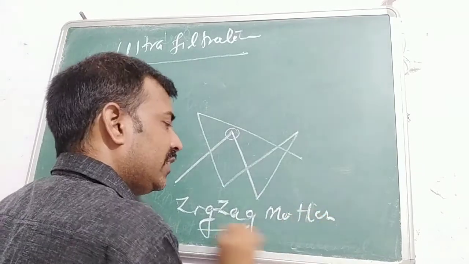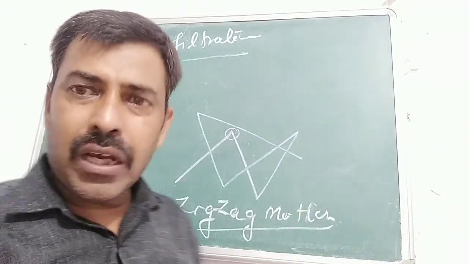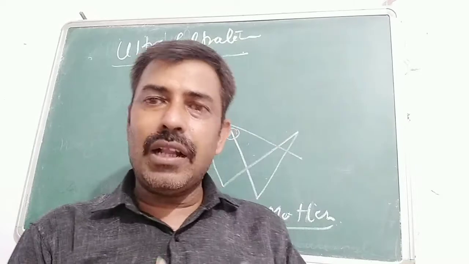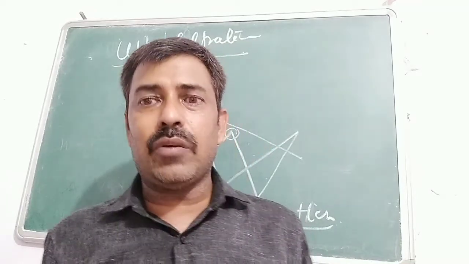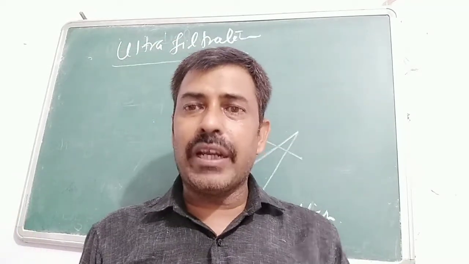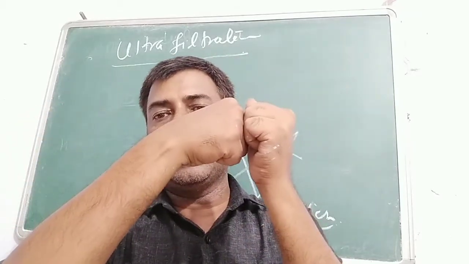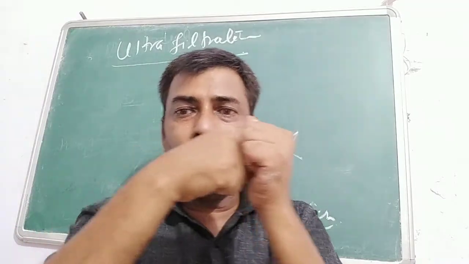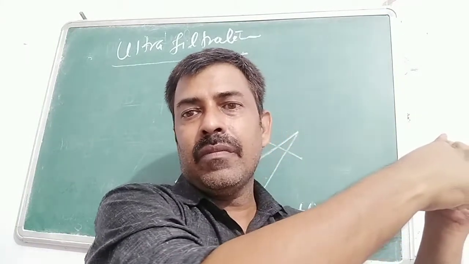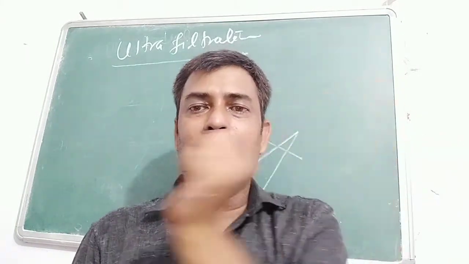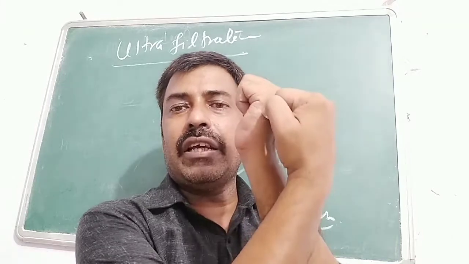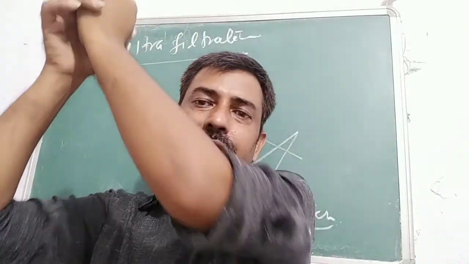Then why is this zigzag motion taking place? Actually, all these particles are moving. All the particles of the colloid as well as the liquid are moving. And when they are moving, what happens? This particle is moving somewhere here and this one is hitting it from this position. What will happen? This one will start moving in this way. And that particle is moving in this way, here it will start hitting from here and the particle will change its direction.